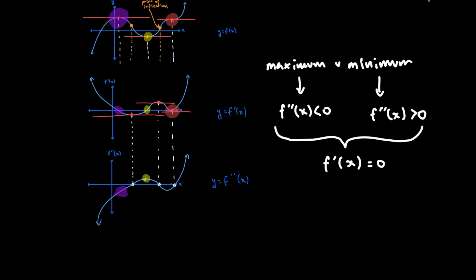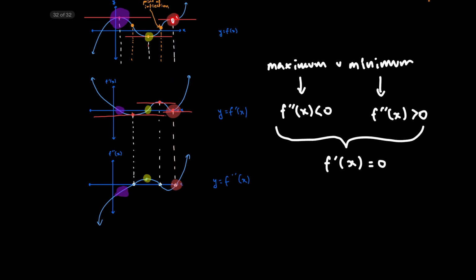But what's unique about this one is the double derivative at that point is also equal to 0. And that makes a lot of sense. If our double derivative is equal to 0, we recognize that's where your point of inflection occurs. Your points of inflection, if we have a look over here, are simply where they intersect the x-axis on your double derivative graph. And we recognize this also intersects the x-axis on our double derivative graph.